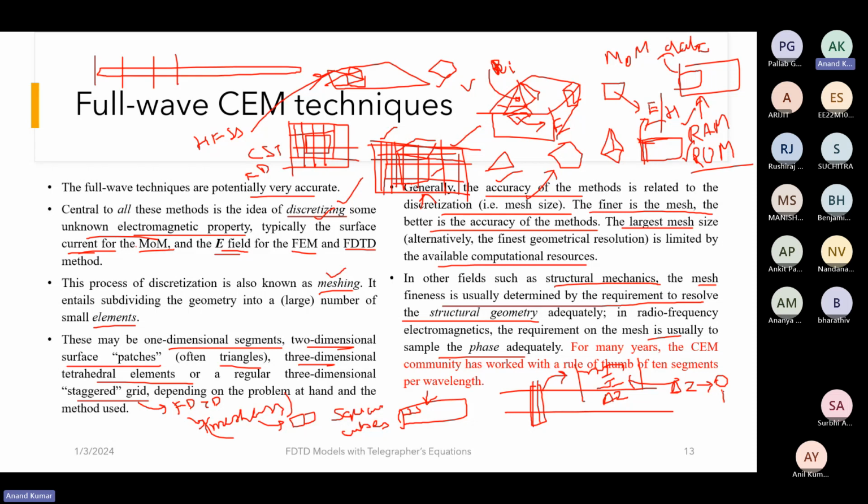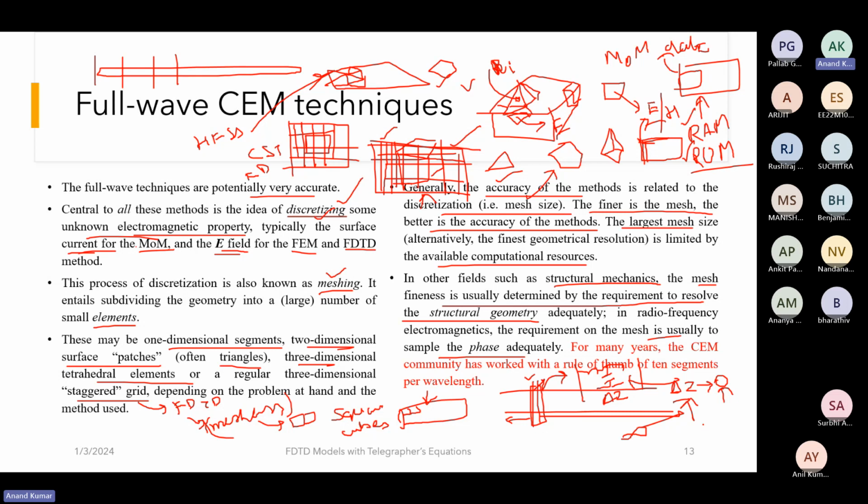But we don't have infinite memory, so we will have to take some finite value of this delta z. We approximate such that the phase through this element does not change too much to affect our results. So we'll try to keep the phase accurate in this space.